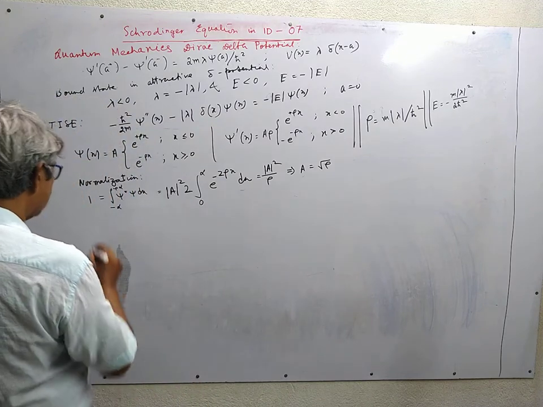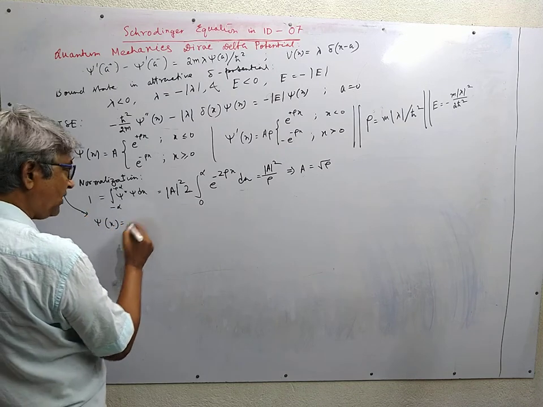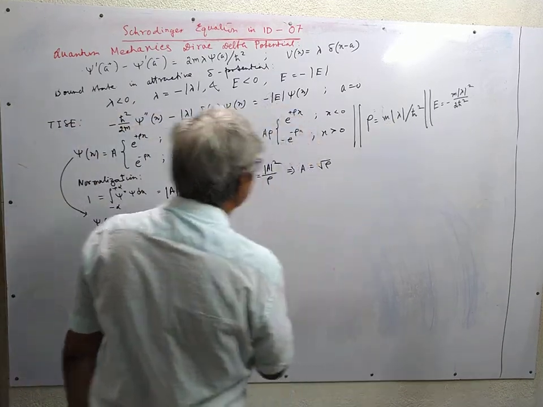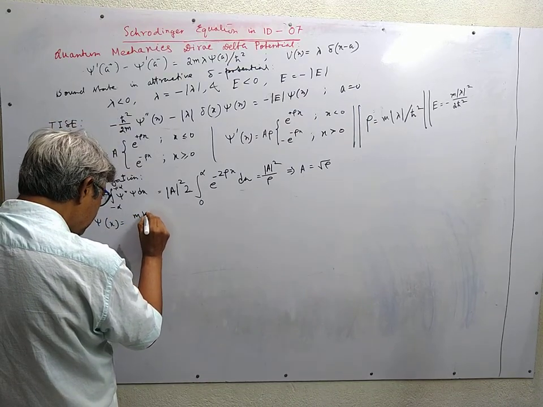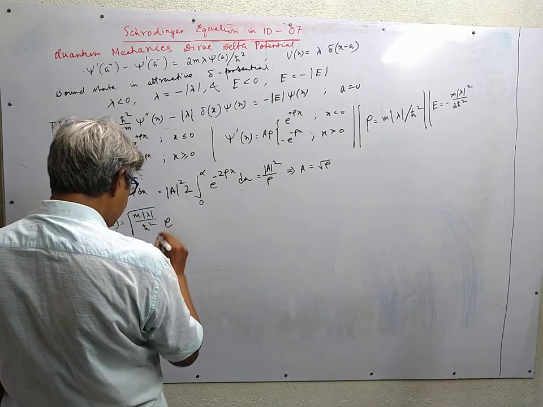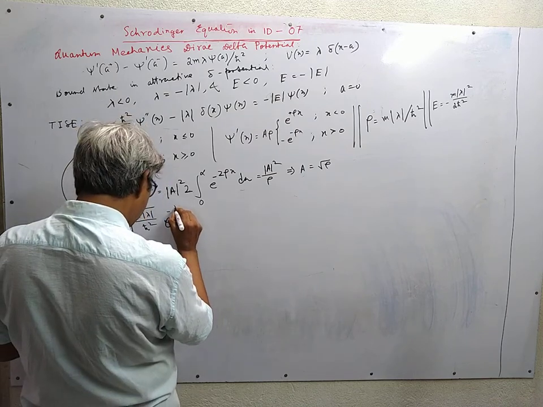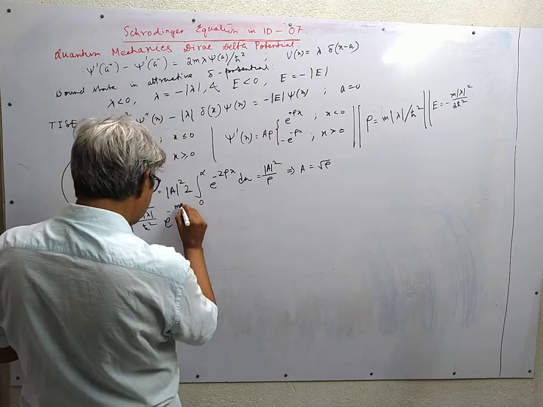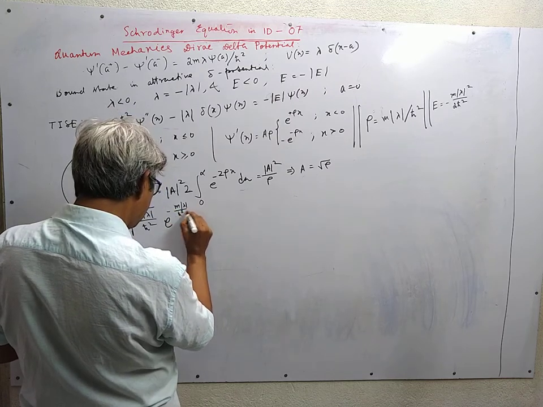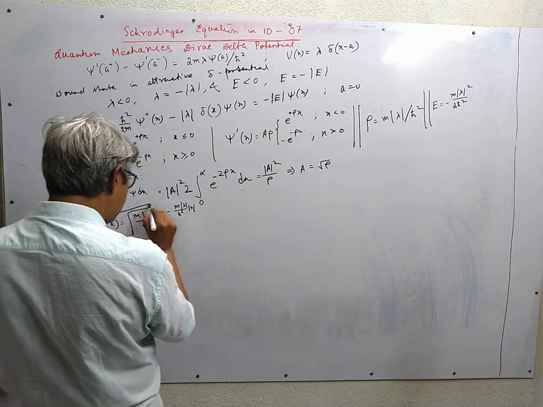So the wave function actually becomes, for A we write root rho, and for root rho the value of rho is given there. This is the normalized wave function.